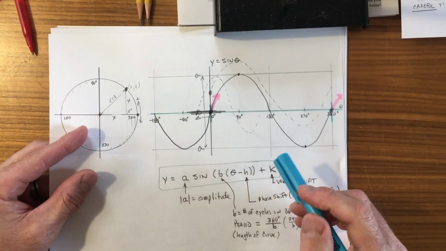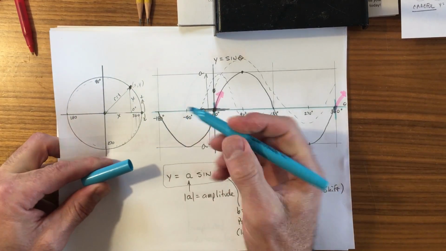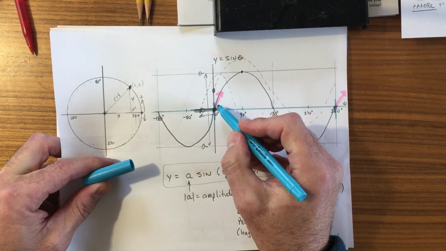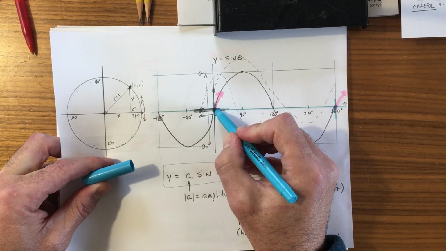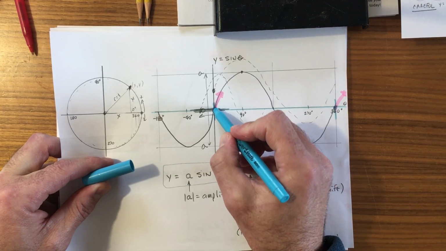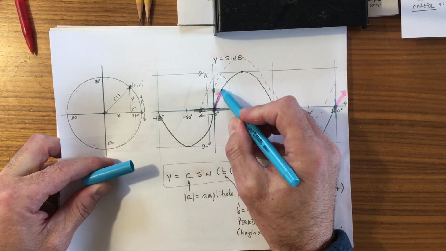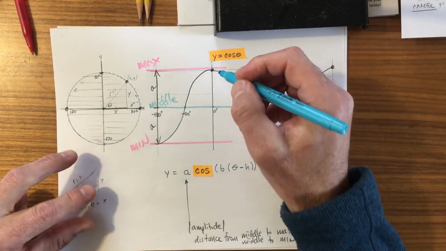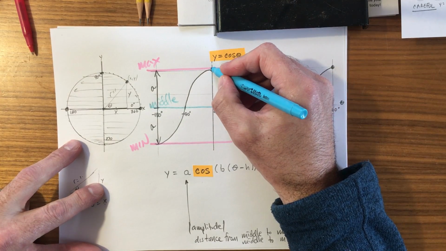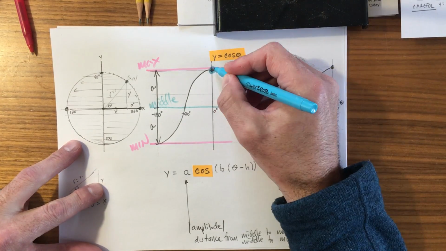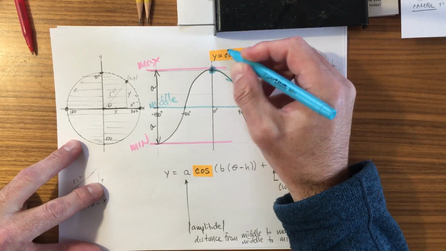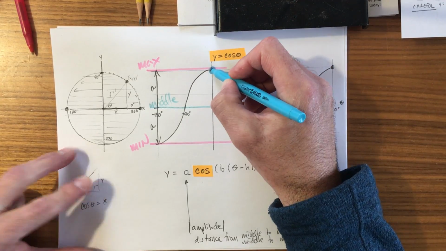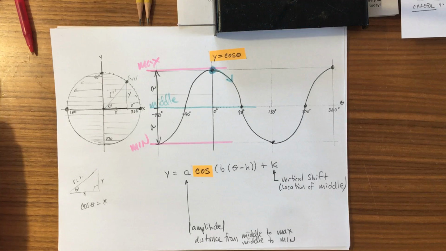Now, on the sine curve, the start of the sine is designated where the curve crosses the middle going up. We designate the start of the cosine anywhere where it touches the max and goes down. So that's a starting point for the cosine.